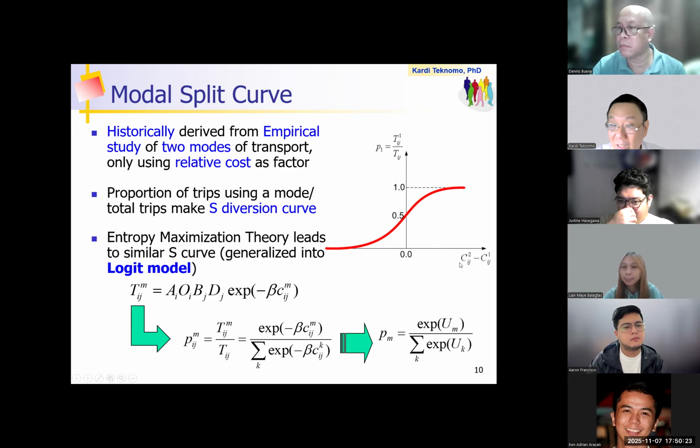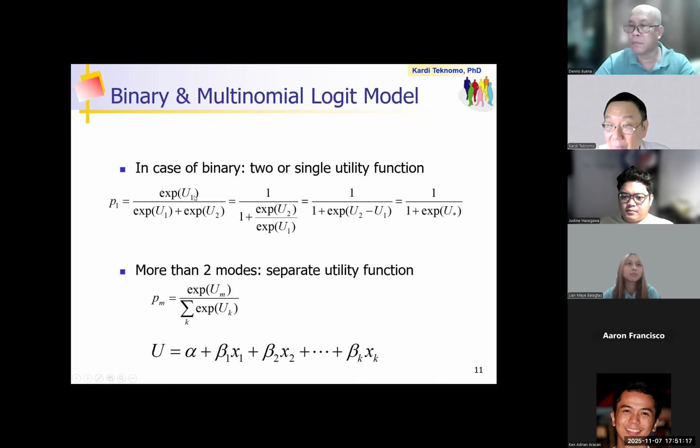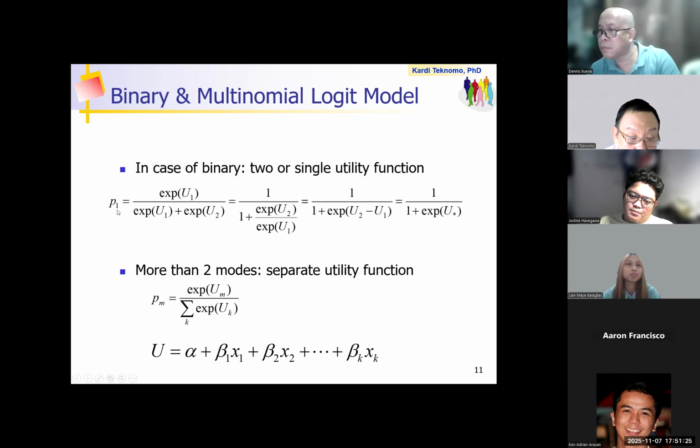So that calculator, if you have a binary or multinomial logit model, this is the model. If you have two modes, say for example this is model one, where one is car or bus, you get the utility for model one, and then you divide by the exponent of utility for all models.